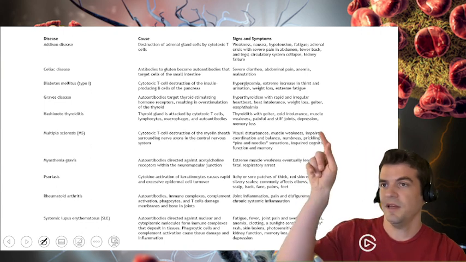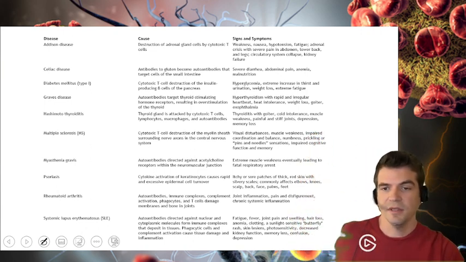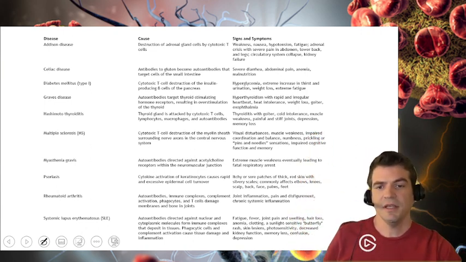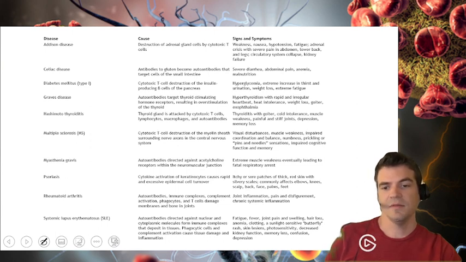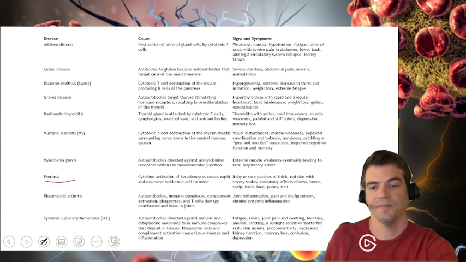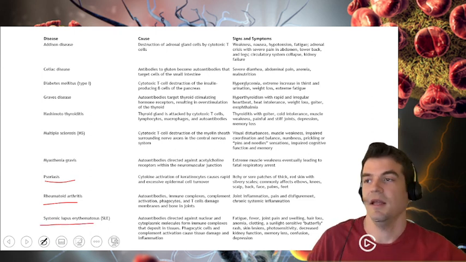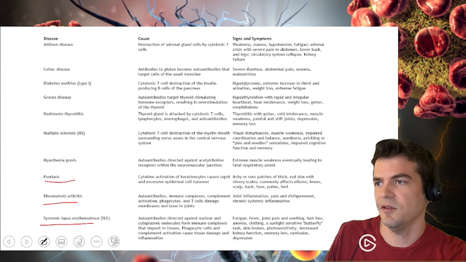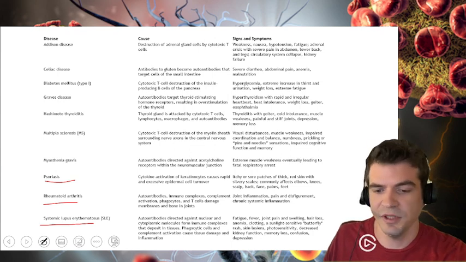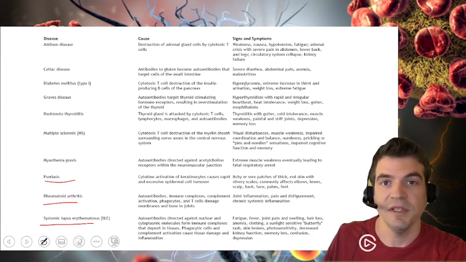And here we have a big chart: Addison disease, celiac disease, Graves' disease, psoriasis, rheumatoid arthritis, lupus. And check out lupus, systemic lupus erythematosus. Erythema means red.